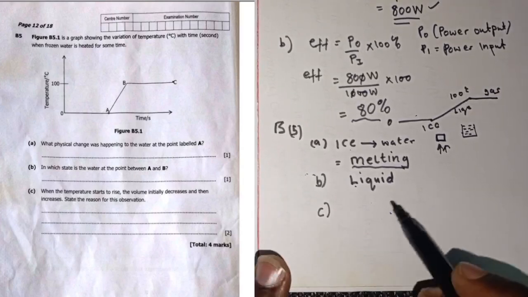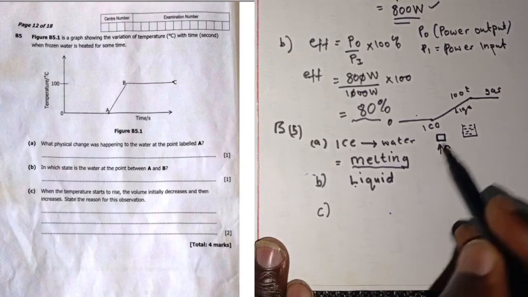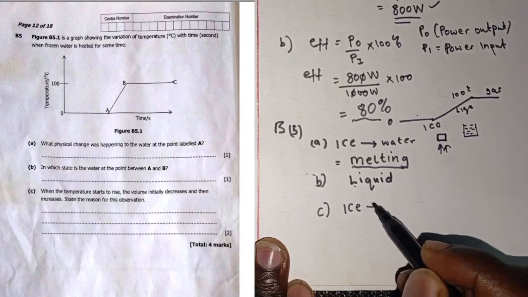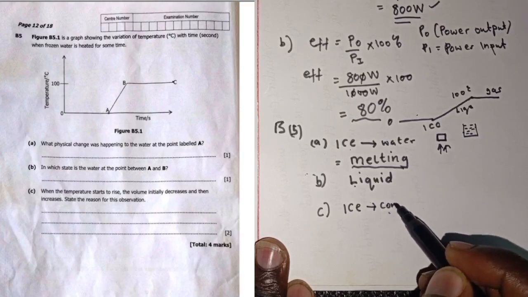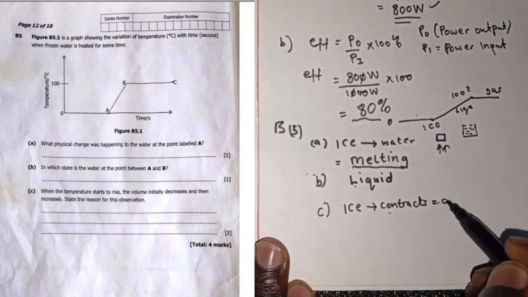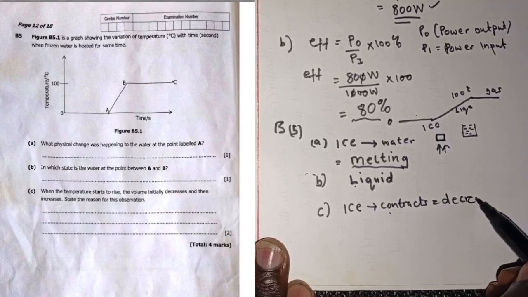So what happens here is that, first of all, ice, when you heat it, contracts, and this will decrease its volume.